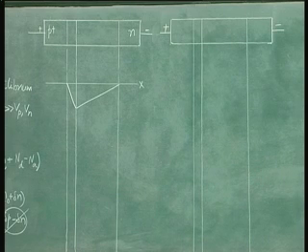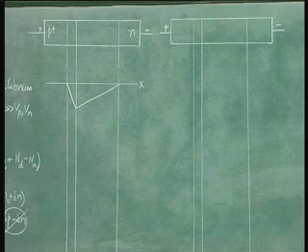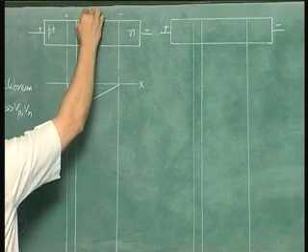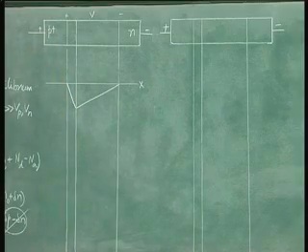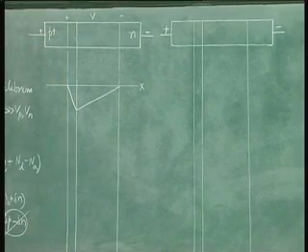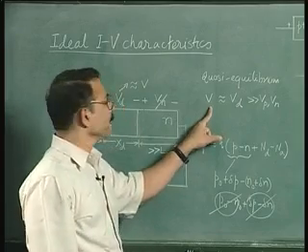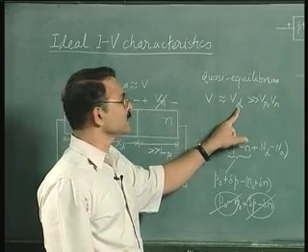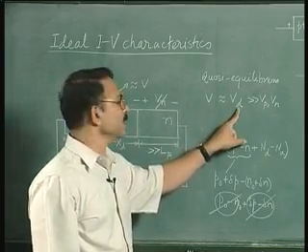How do you determine the width under applied bias? For this purpose, note that a voltage of V volts is coming across the space charge layer. We are assuming that the applied voltage falls entirely across the depletion layer. This is the assumption that we are making.